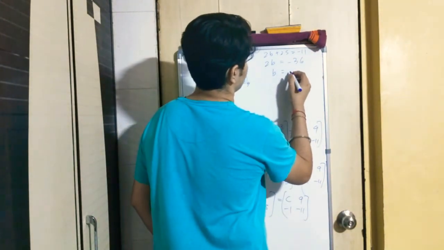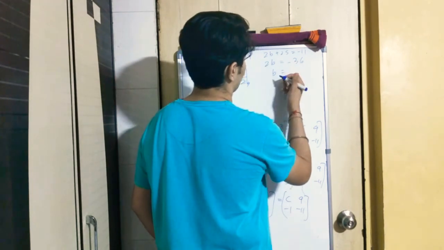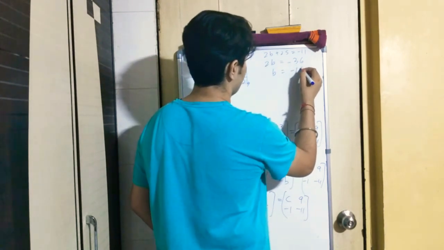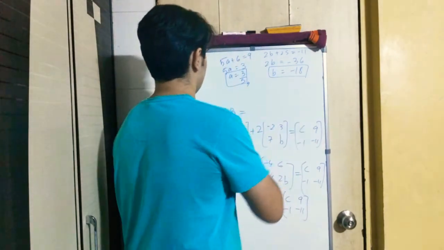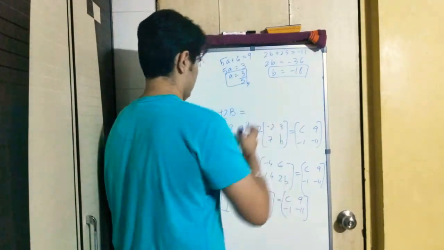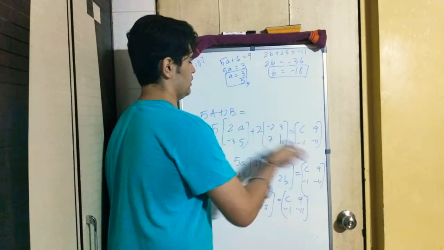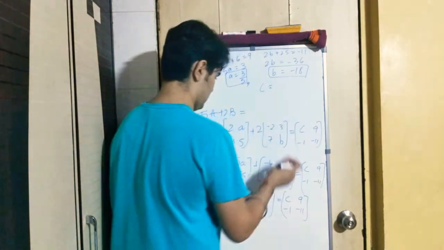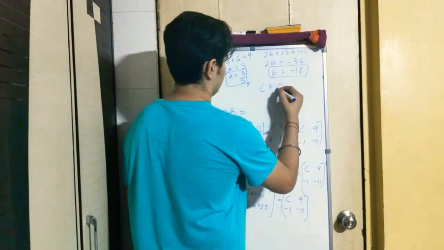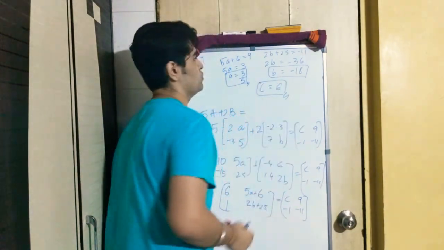So b is equal to minus 36 upon 2, so minus 18. If you want to cross check, you just put the values in this equation. You can tell that both the matrices are equal, and see here we get 6. So you can copy it down.